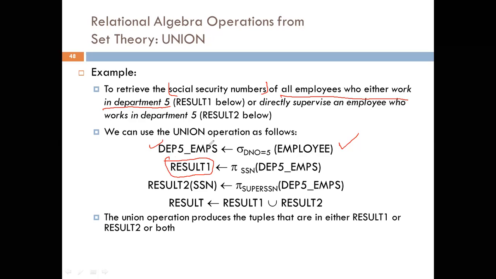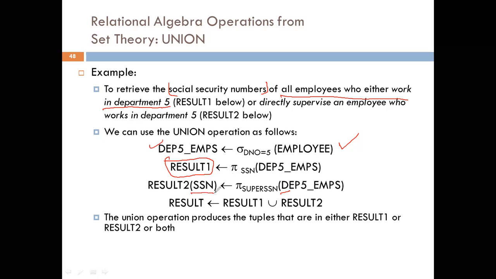In the second part, for all the employees who are working in department number 5, we need to extract their supervisor's SSN. We already have these employees in the temporary result, department 5 employees. From this we will project and extract the super SSN, so only their supervisor's SSN will be extracted.